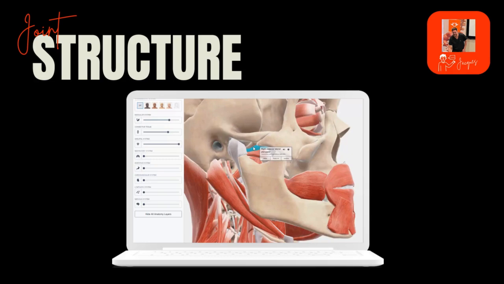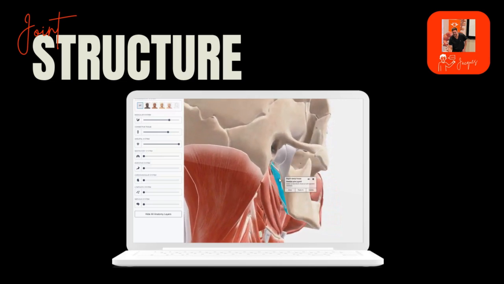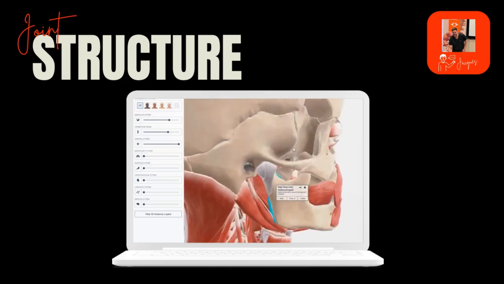On top we have your right superior lateral pterygoid, which functions in mandibular elevation. Rotating to the back view of this model, we have your right deep head of your medial pterygoid, which functions in mandibular elevation.